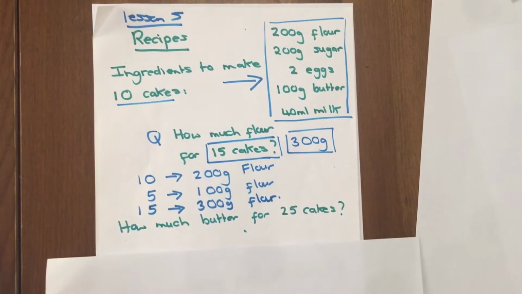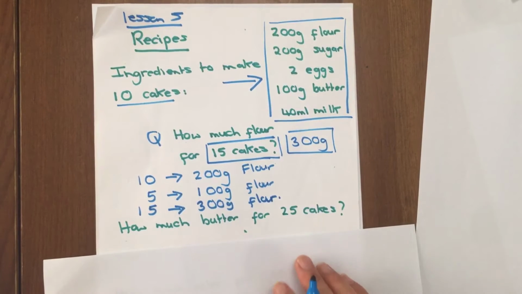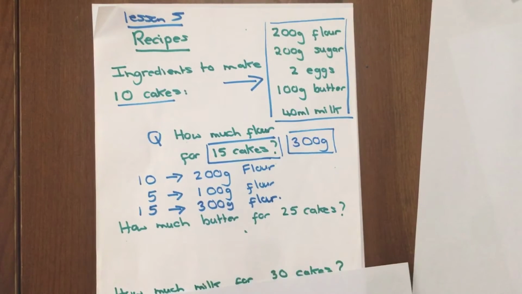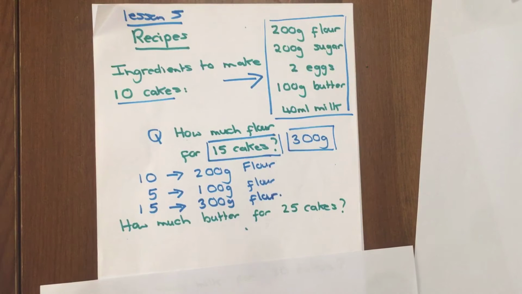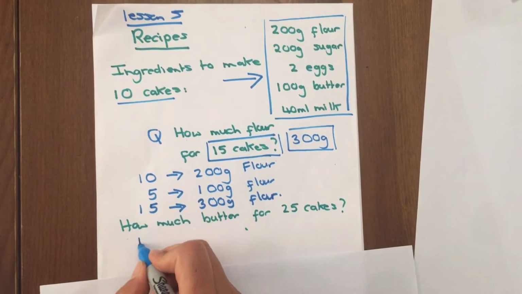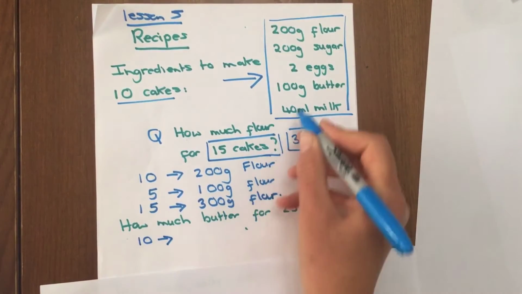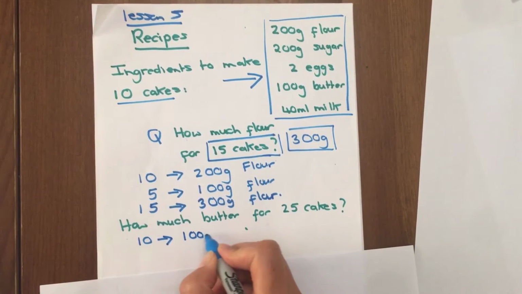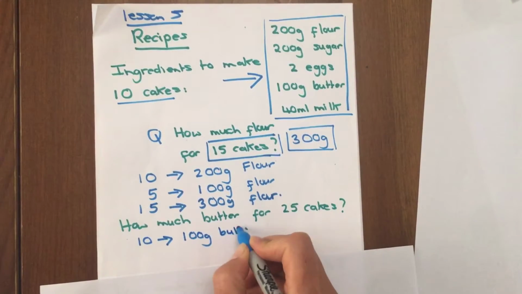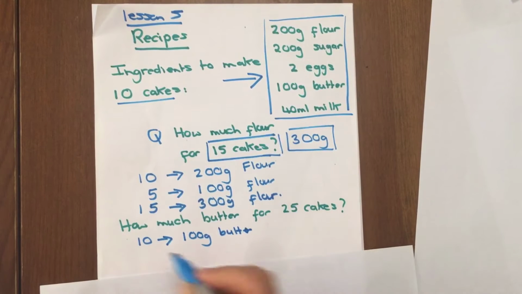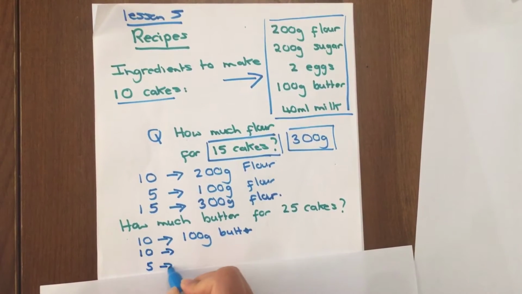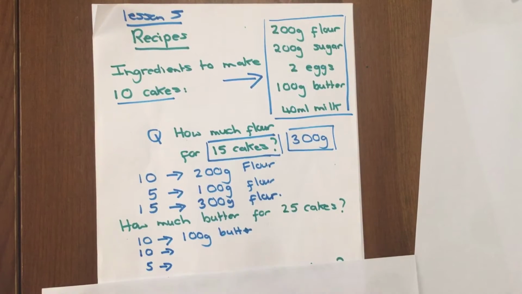Okay, here's another question. How much butter would I need for 25 cakes? Well, for 10 cakes, I need 100 grams of butter. Right, how can I get to 25? Well, I could do 10, 10 and 5 and then add them all together.